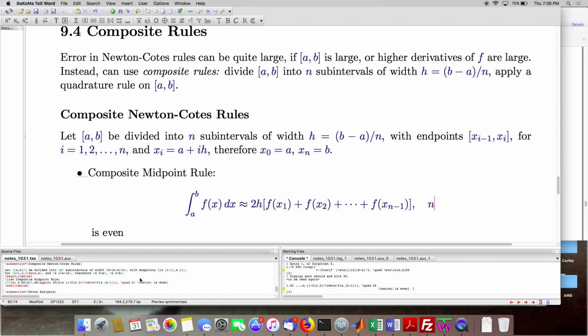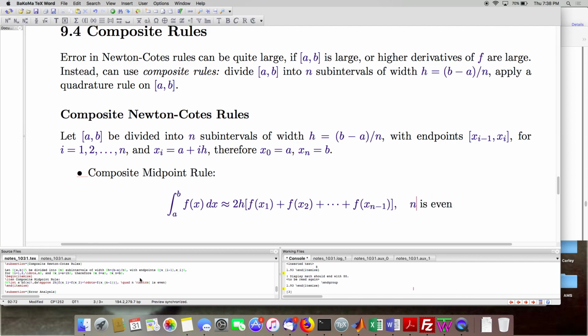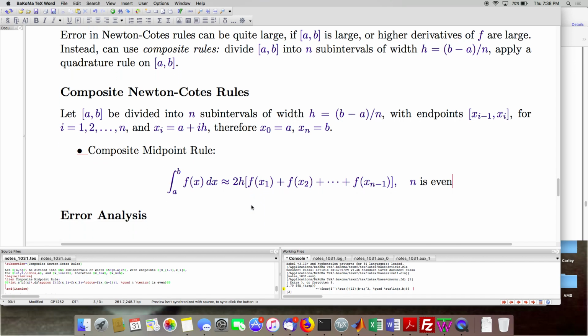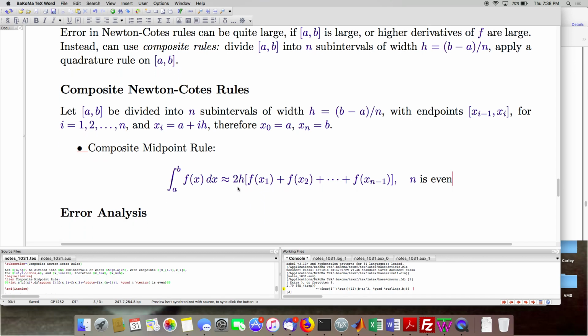Whoops, something went wrong here. Okay. So really what's happening is you can think of AB as being divided into intervals of width 2h. So the first subinterval starts at x0, which is a, and ends at, oh, I'm sorry, I have a typo here. Okay. So I'll just type this out here.